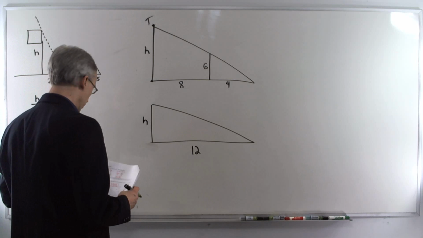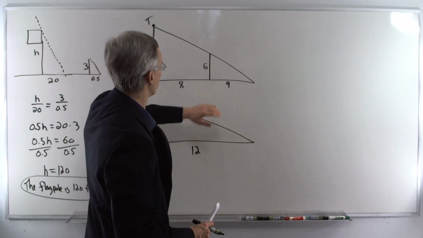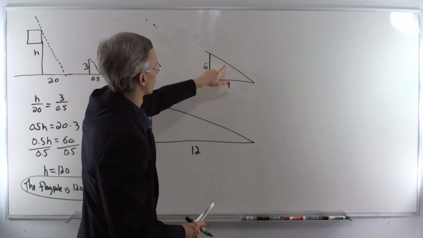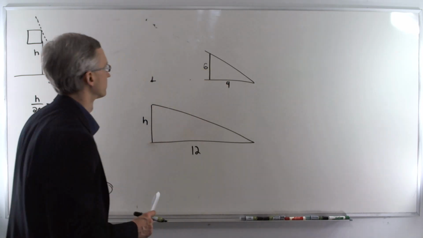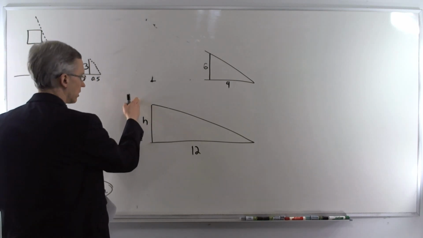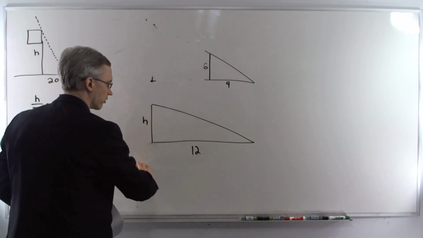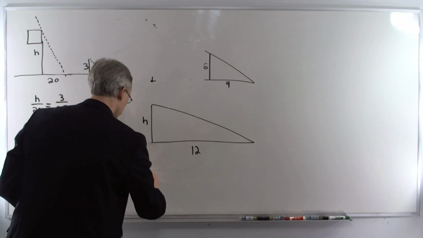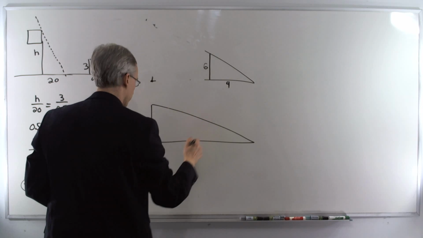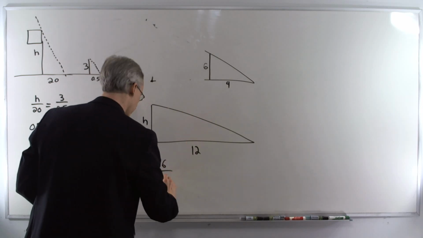Now we're just going to look at this triangle here. We can just ignore this. Compare this triangle with this triangle. So I'm going to create a proportion here. Vertical over horizontal for the large triangle, h over 12 equals vertical over horizontal, 6 over 4.